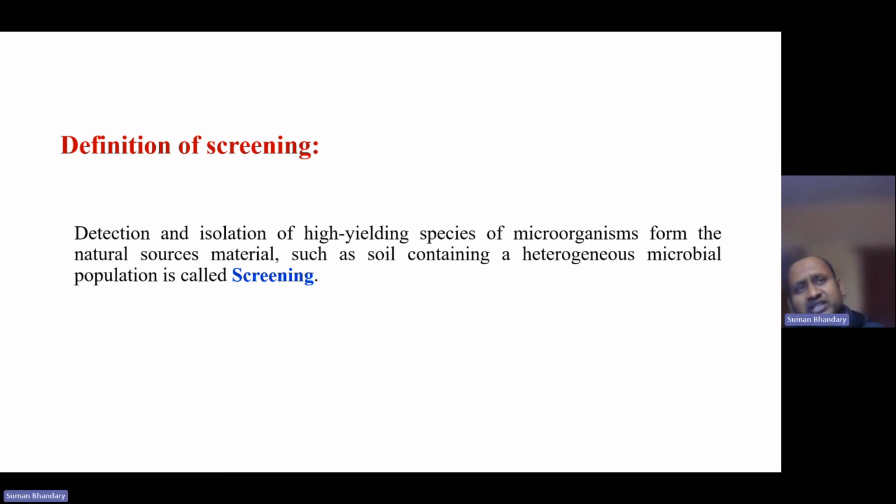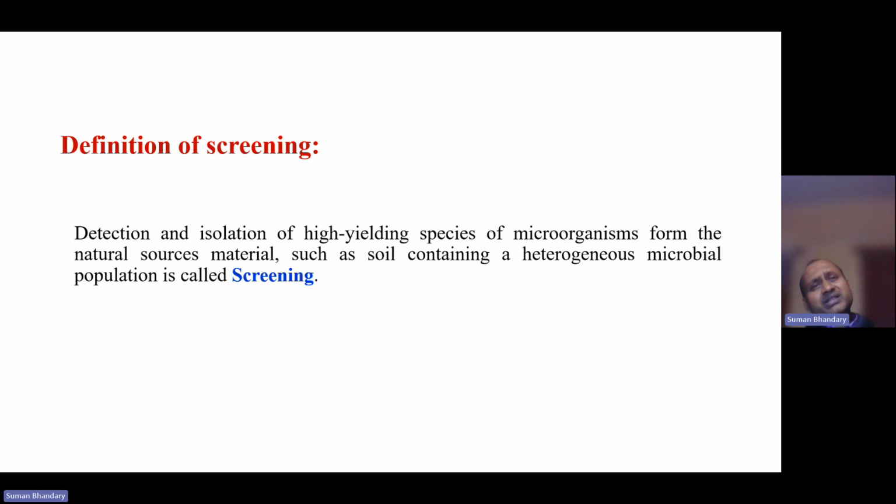Thus, to be effective, screening particularly allows the discarding of many valueless microorganisms, while at the same time allowing the easy detection of the small percentage of useful microorganisms that are present in the population.